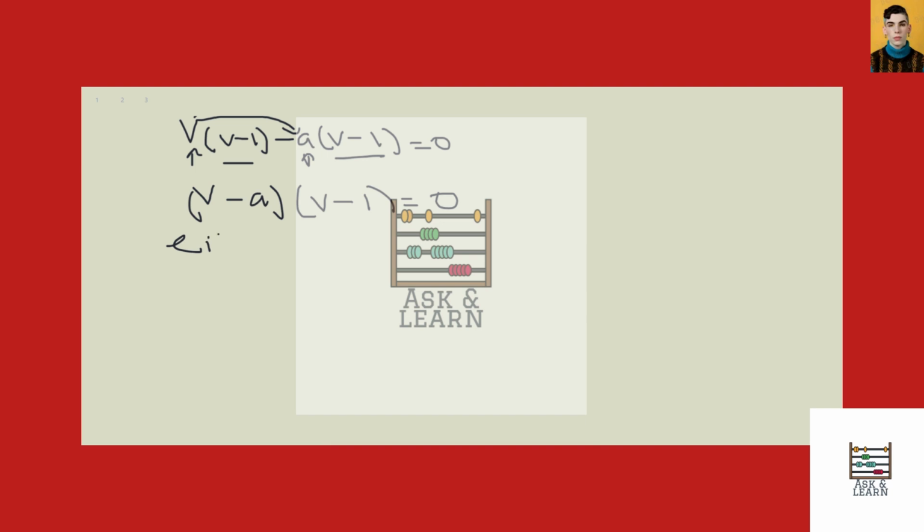This simply means that either v minus a equals 0, and so if you add a on both sides, you get another solution, v equals a, or v minus 1 equals 0, so you add 1 on both sides, and so you get v equals 1.